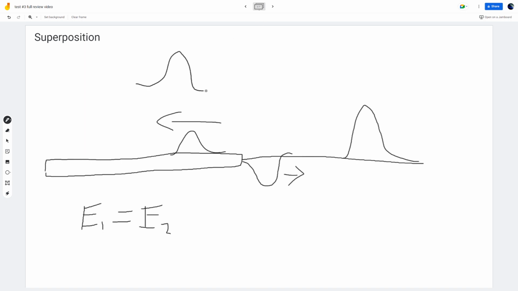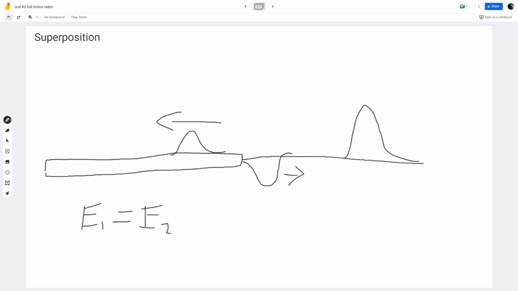Also, he talked about constructive versus destructive interference. Constructive is when two waves are heading towards each other and they're both in the positive plane, then they'll constructively interfere. And if two waves are opposite, then they'll destructively interfere.